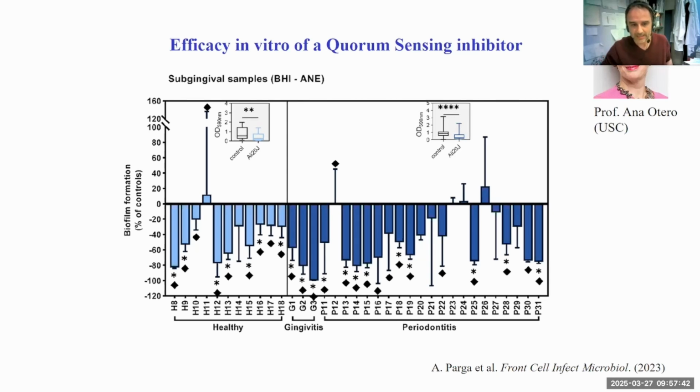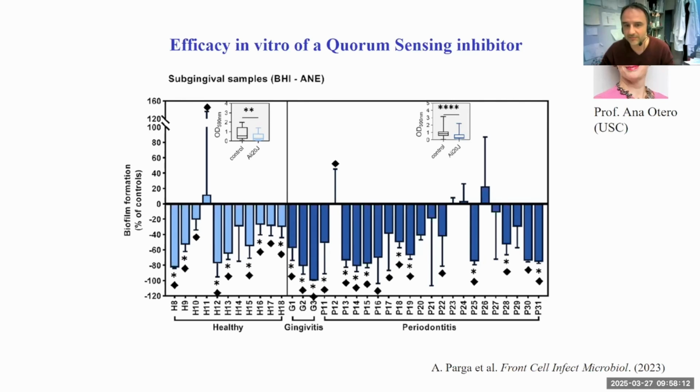And what happens is that when you put that in oral biofilms, both from healthy individuals or individuals with gingivitis or with gum disease, you see a decrease in the biofilm formation in basically all cases. So you have a decrease of between 10 and close to 100% of the biofilm size. This is spectacular, and this is not killing the bacteria. This is just inhibiting the way that they are able to communicate with each other.